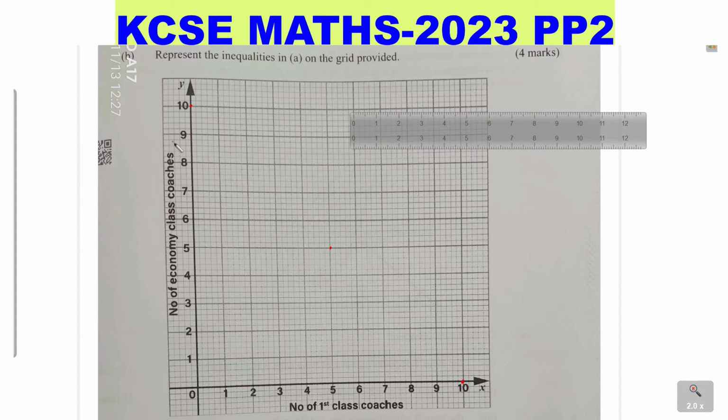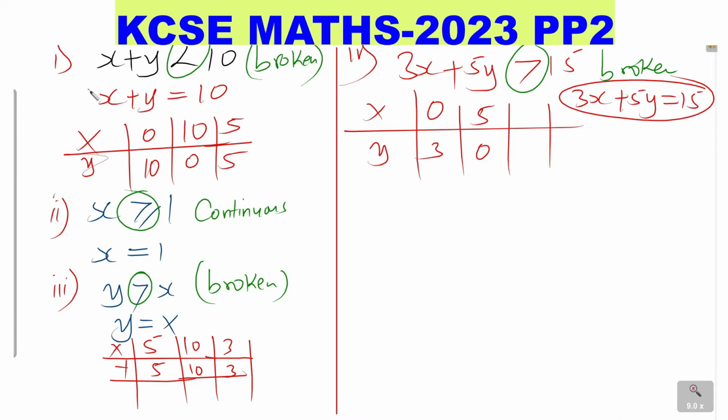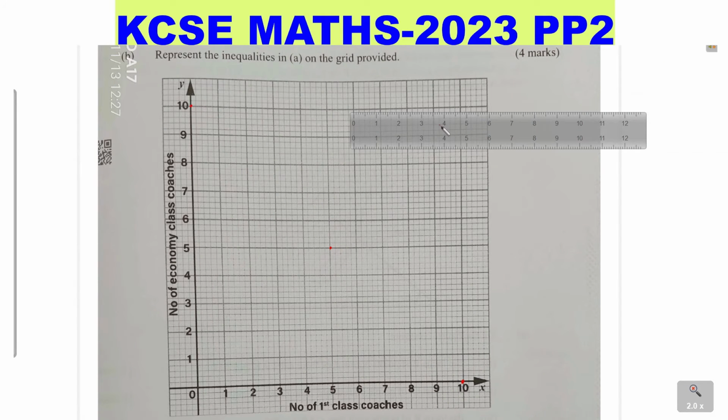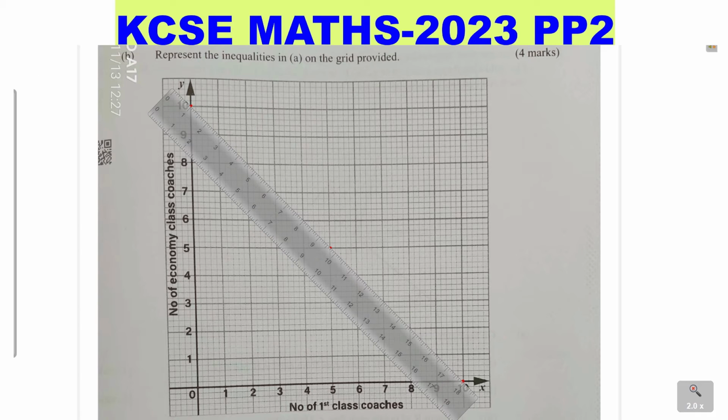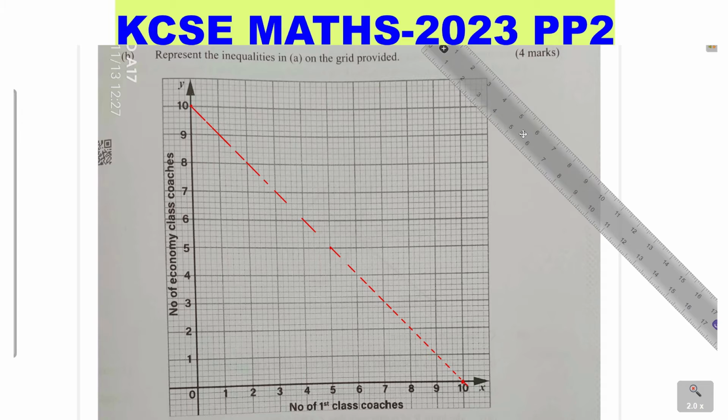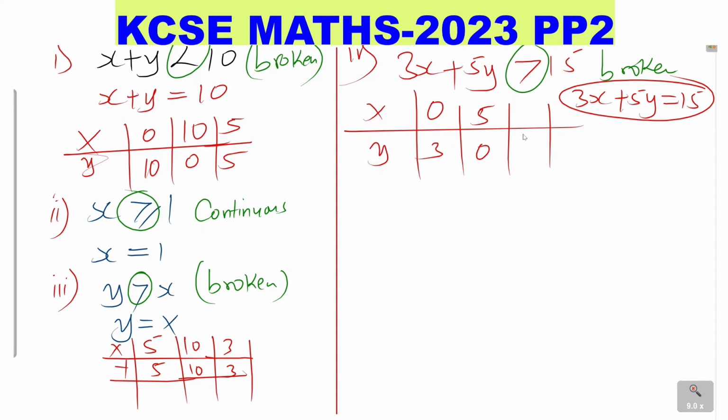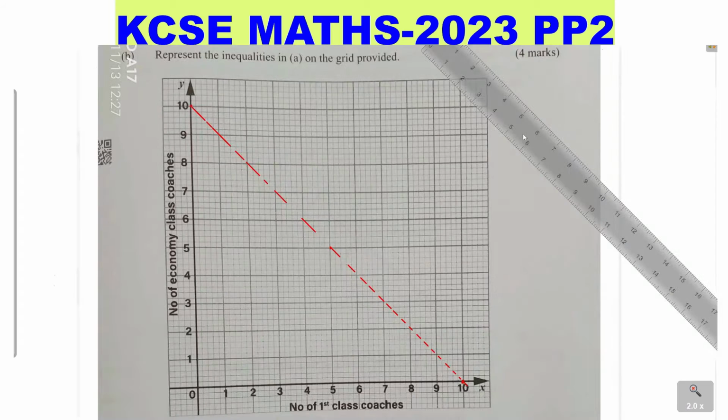So these are the points: 0, 10, 5, 5, 10, 0. Join, and don't forget that the line should be broken. So you draw that broken line. So that is the line x plus y is equal to 10.